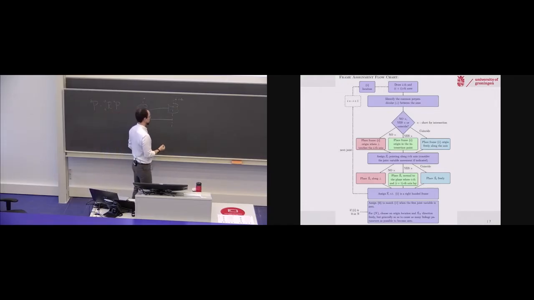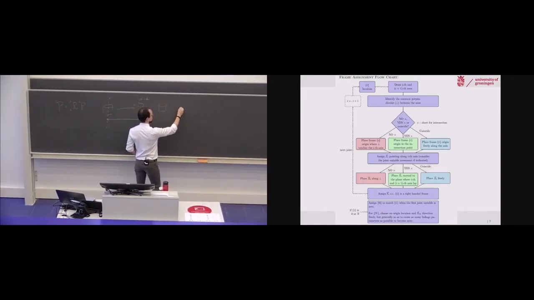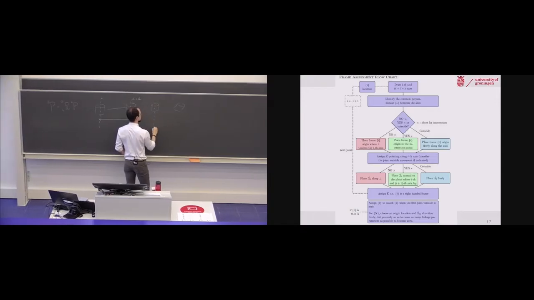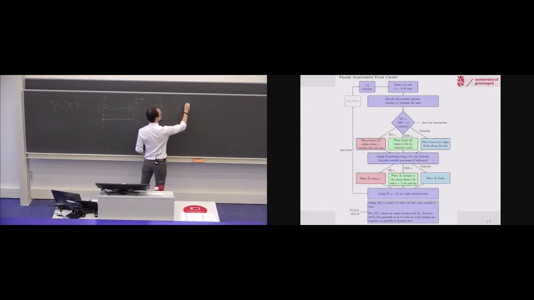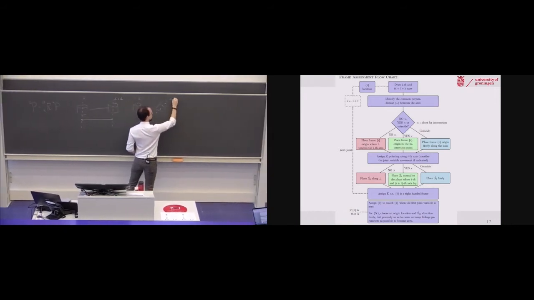What happens if instead there is an intersection? Well, in this case, joint 1 can be something like this, and joint 2 can be something, let's say, like this. I draw axis I, I draw axis I plus 1.